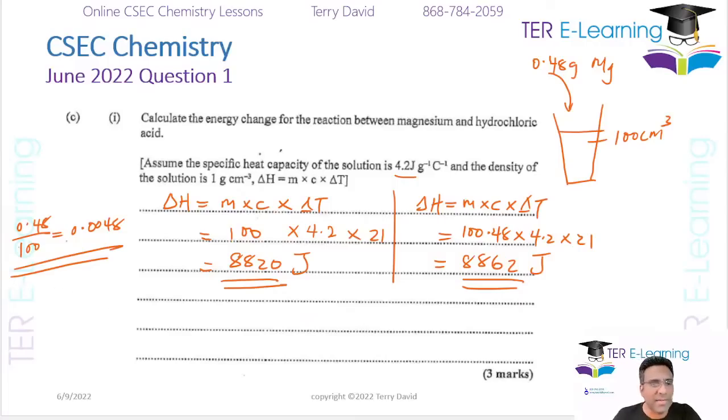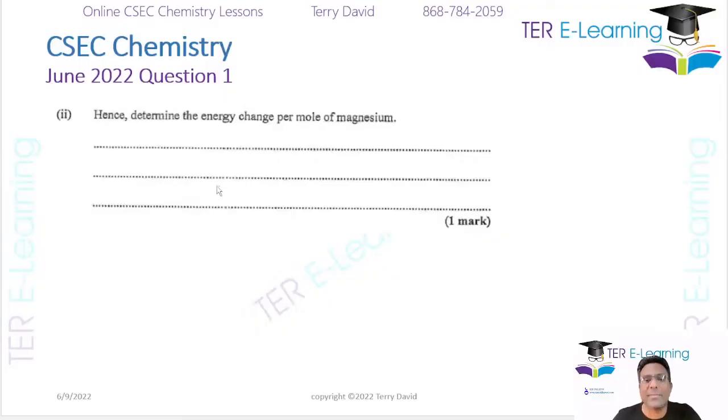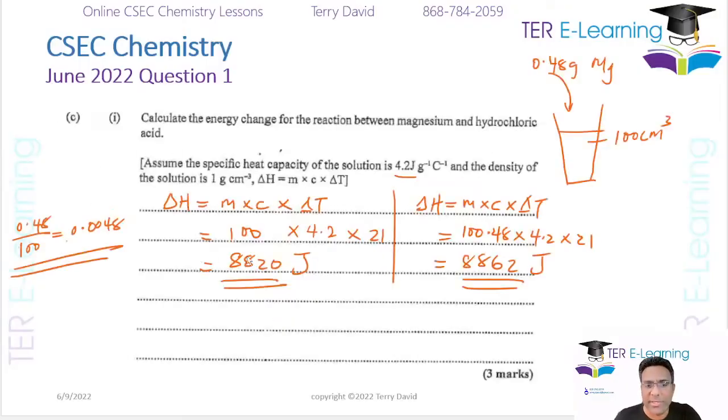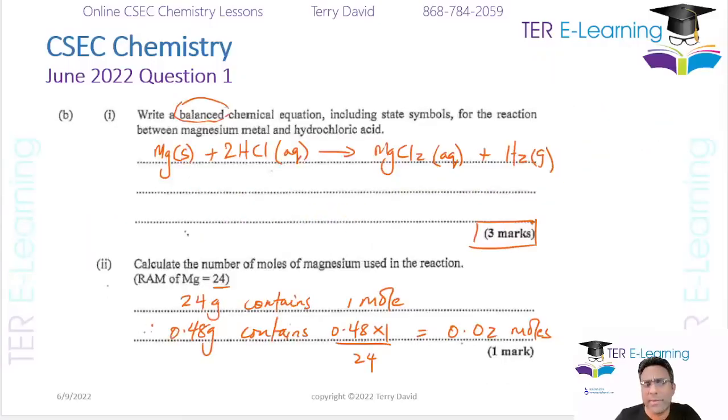Right, so 3 marks for that. The next thing they said, hence determine the energy change per mole of magnesium. Now, what we worked out here, so I'm going to be using this energy here. That energy there is associated with how many moles of magnesium we had? 0.02.